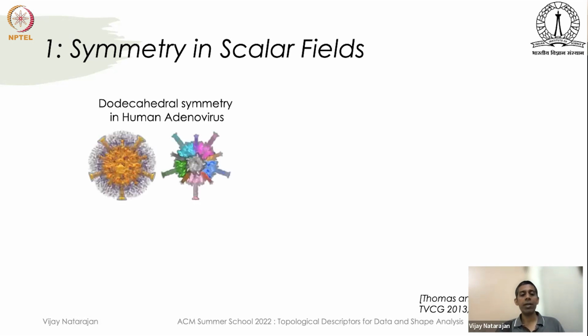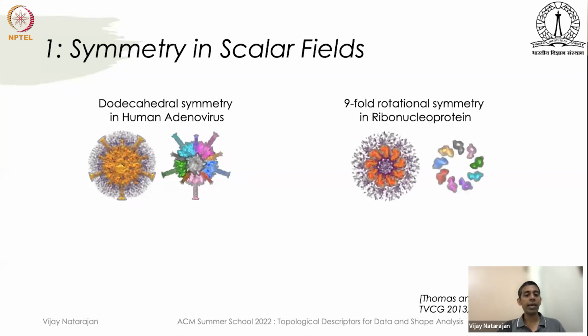So symmetry is something we see in our day-to-day life. It appears in nature. It's quite a natural thing to have symmetry, for example, you see it in biomolecules, in viruses, for example.